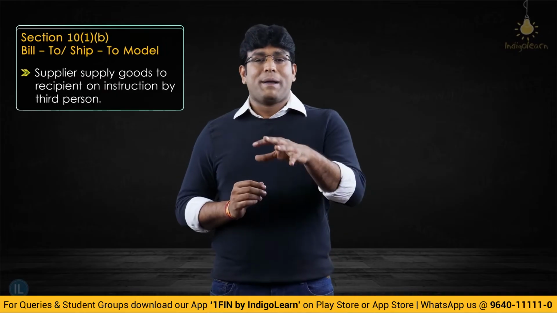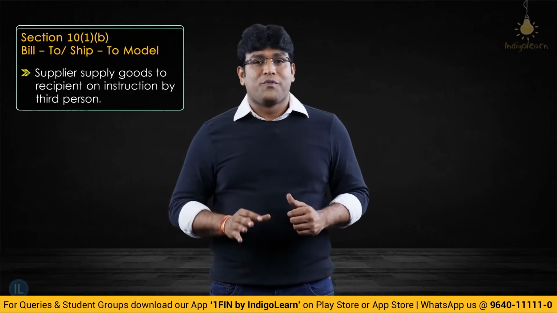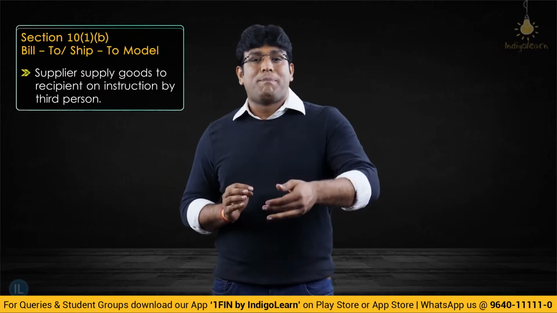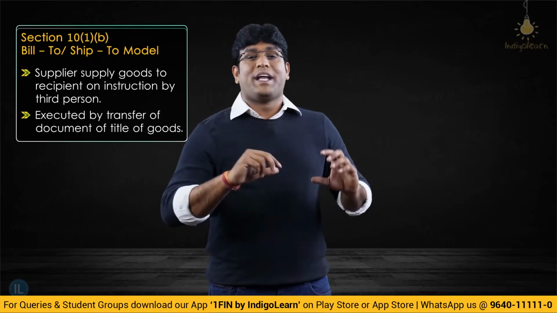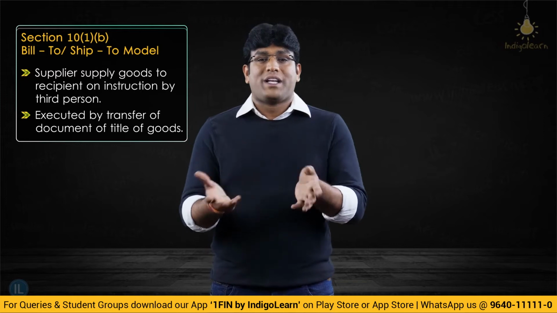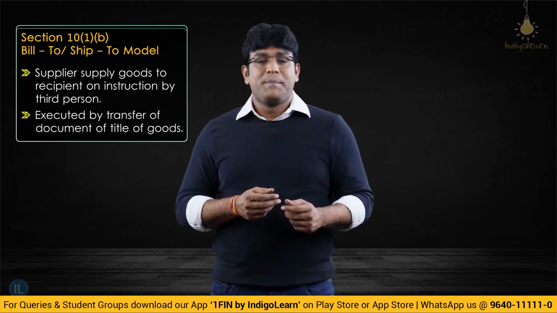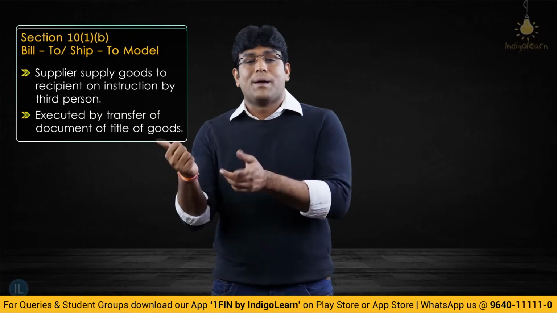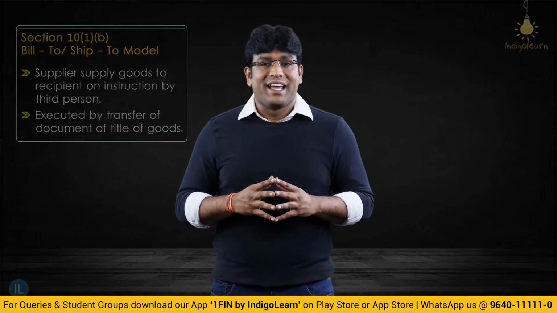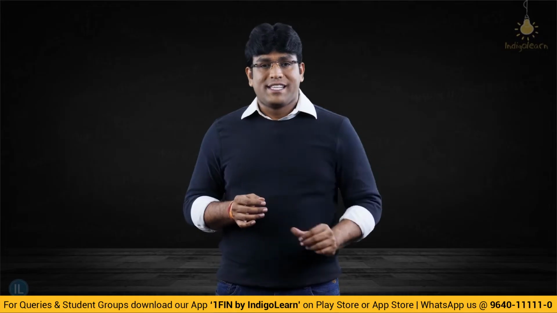In case where goods are supplied by supplier to the recipient on the instructions of a third person, generally practically this happens by way of transfer of document of title to the goods. Document of title basically means a lorry receipt or airway bill or railway receipt. They'll endorse it on some other person's name. Getting clarity, guys?